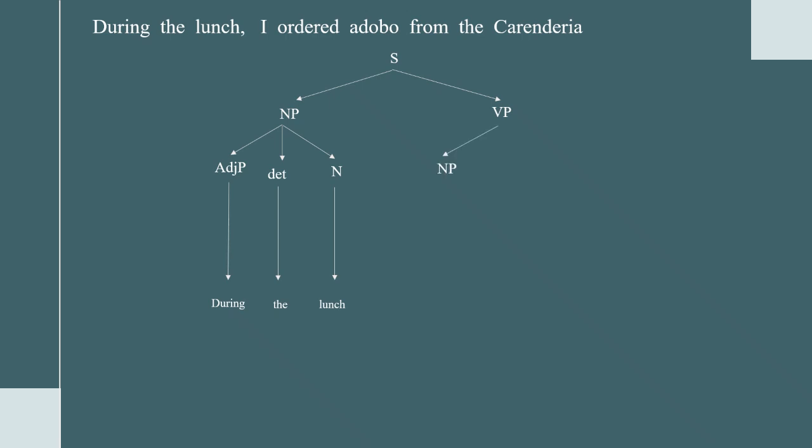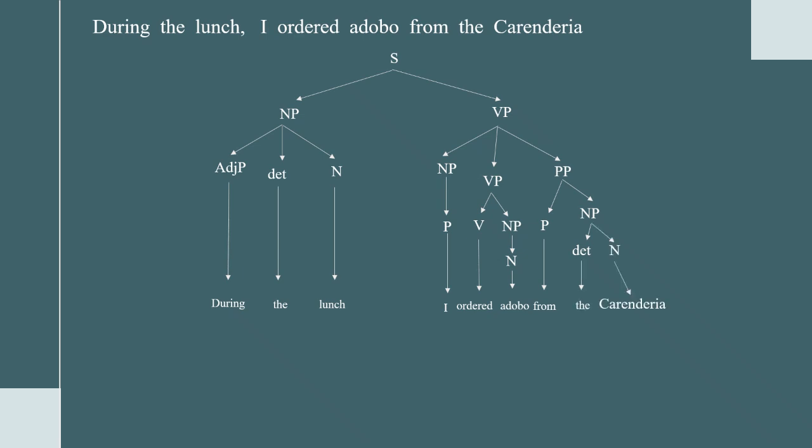On our verb phrase, we have a noun phrase, which is the pronoun I, and the verb ordered, and another noun phrase, which is the noun adobo. Then another branch of the verb phrase, we have the PP or prepositional phrase, which is the preposition from, and another noun phrase, which is the determiner the and the noun carinderia.